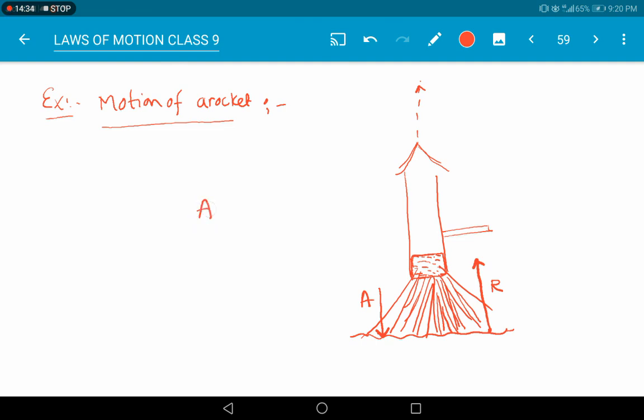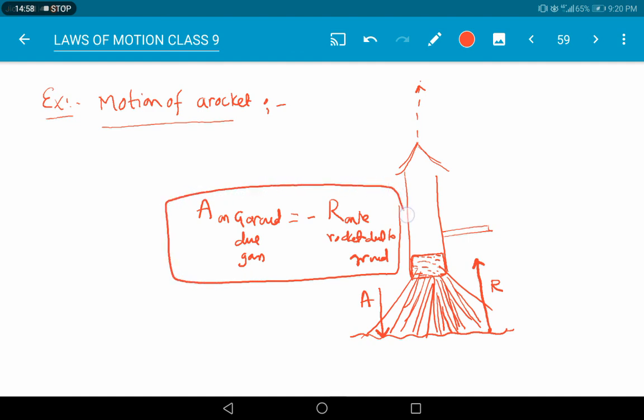So action is on the ground due to the gases, equal to the reaction on the rocket due to the ground. These are some examples to observe Newton's third law of motion in our daily life.